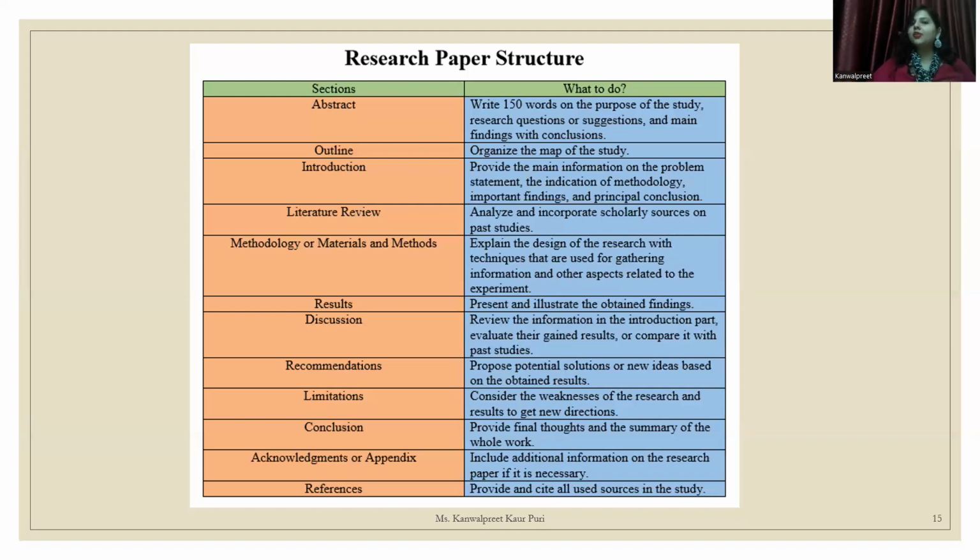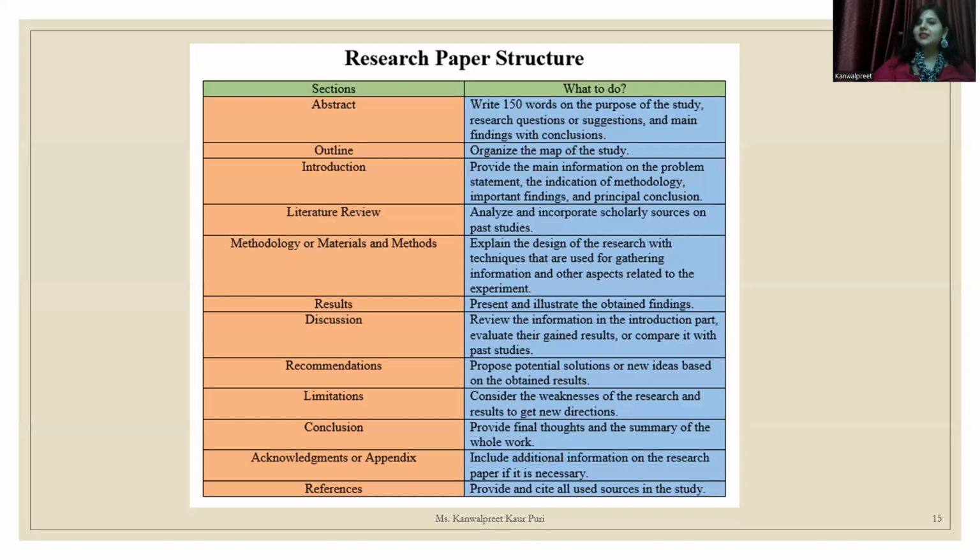So what we have studied till today: abstract is the summary. Introduction should talk about the background of the study, the rationale, a little bit of literature review, and how you have come to this research question, the objective. Literature review is analysis, a critical evaluation, an in-depth review of the existing studies. Then we talk about the methodology, materials and methods, the research design, the sampling method, the target audience.